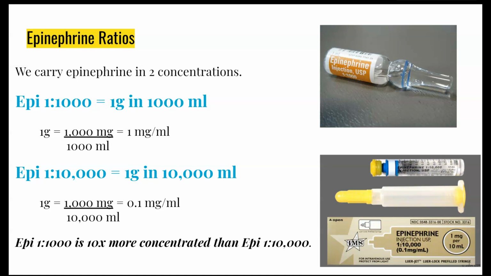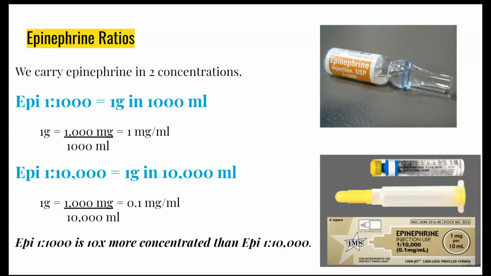Now if you're comparing these two, let's just start over with that real quick. 1 milliliter of Epi 1 to 1,000 is the same amount of medication that's in this 10 milliliter vial. It's just diluted with 10 mLs of saline.